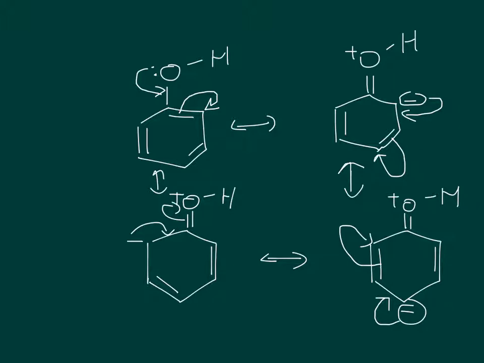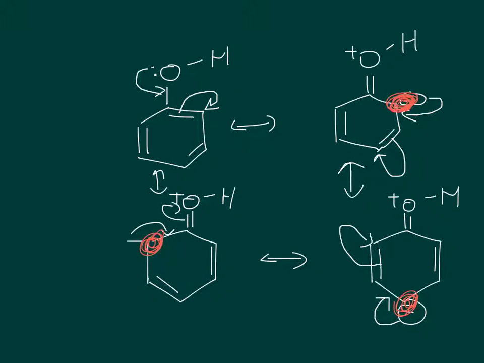Now, the actual reality is somewhere in the middle of those four structures, but hopefully you can see that when you take the average of those resonance structures, the electron density has appeared on the second carbon, the fourth carbon, and the sixth carbon there.